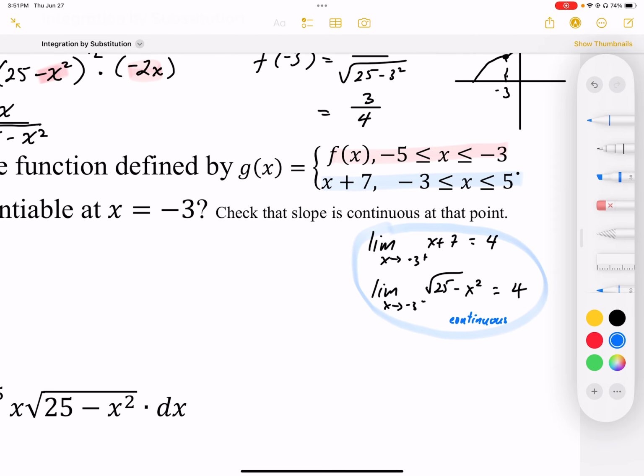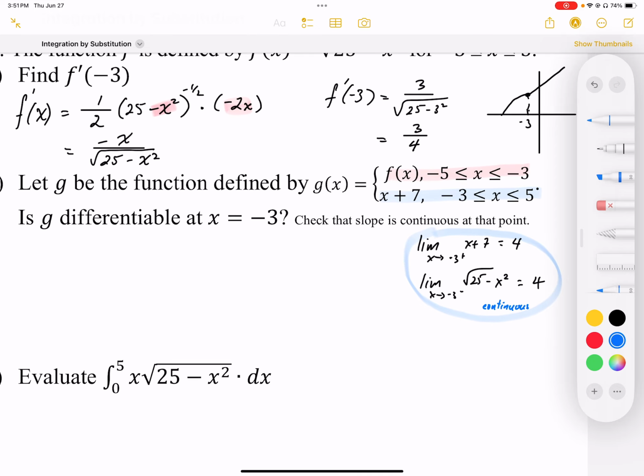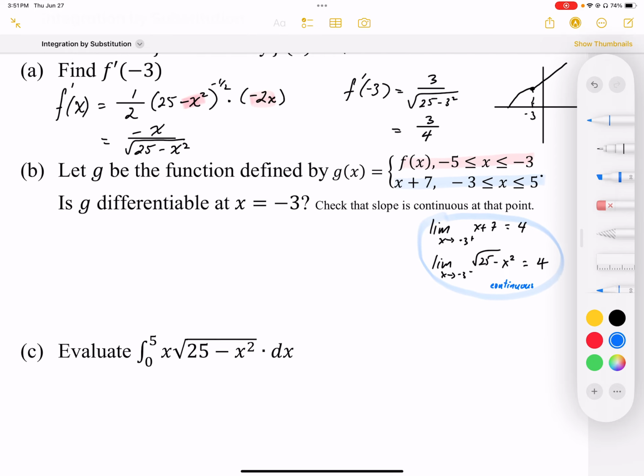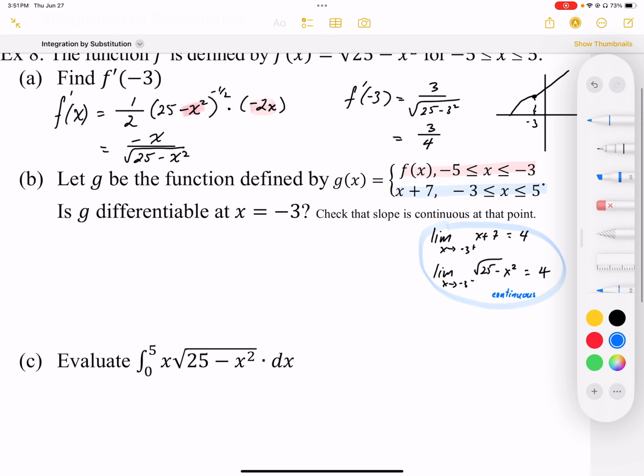Okay, so now, although the function is continuous, we don't know that the slope is continuous, or in other words, differentiable at that point. So what we're going to have to do is check the slope. So we're going to check the slope from the right-hand side and the left-hand side. So I'm going to draw this in red here. From that side, it's the left side.